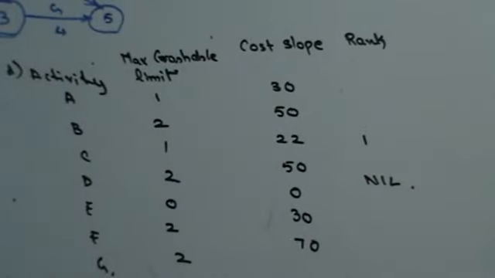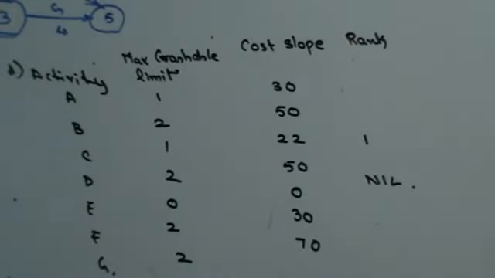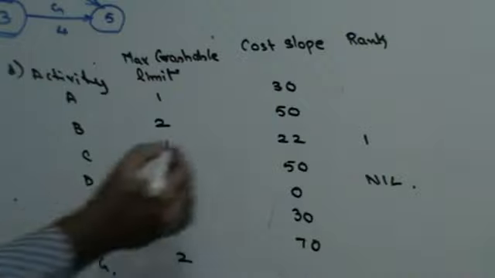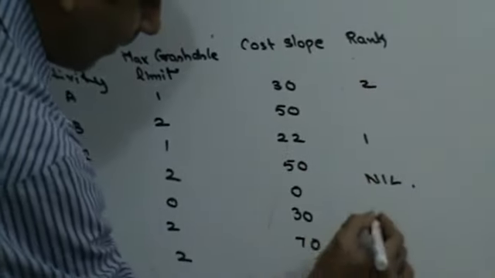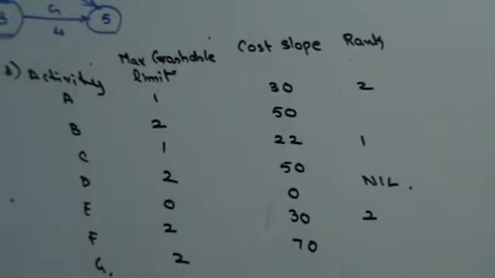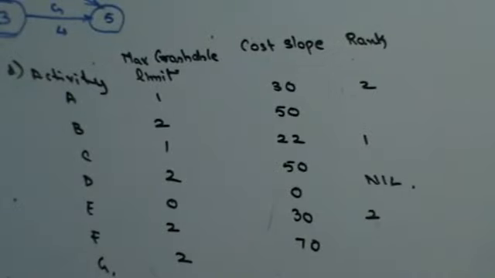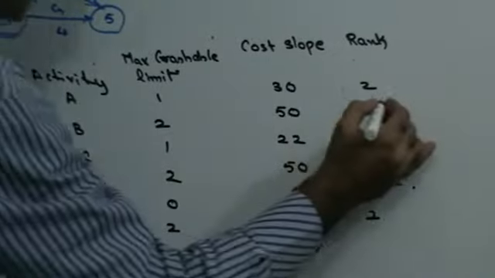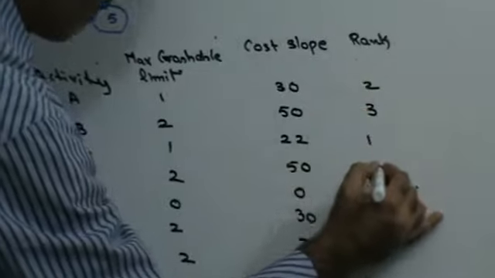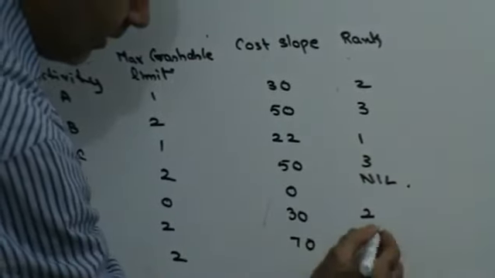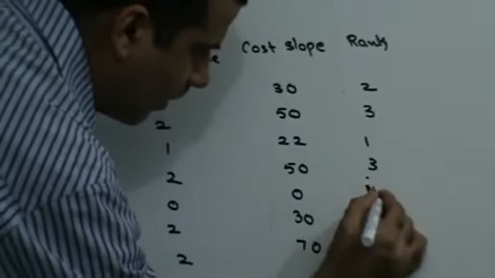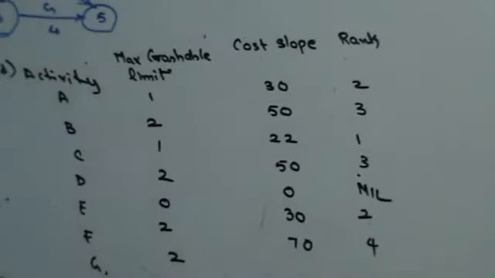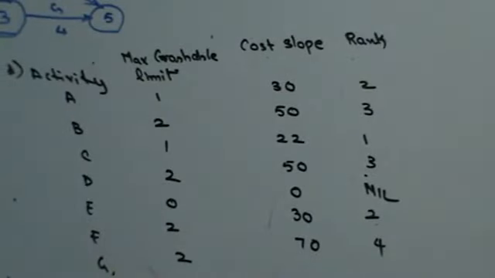The number closest to that is 30, so both the 30s will get second rank. After that you have 50, and both the 50s would get third rank. And then 70 will get the fourth rank. So this is going to be my cost slope table.